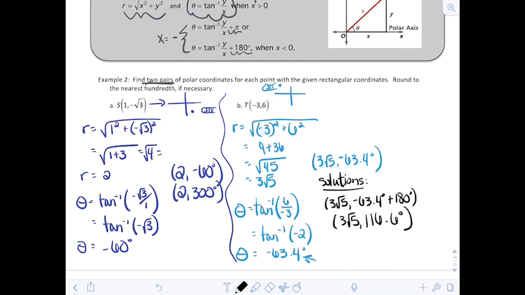There we go. And then the other thing that we can do is we can absolutely keep our angle of negative 63.4, but we can make our r negative, negative 3 root 5. So these are our two solutions.